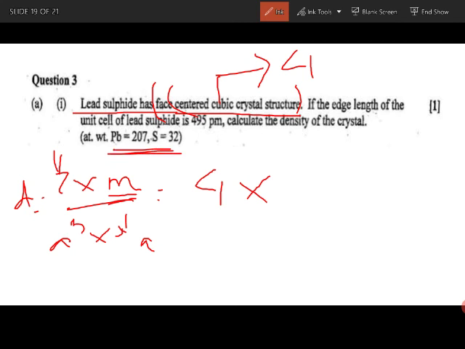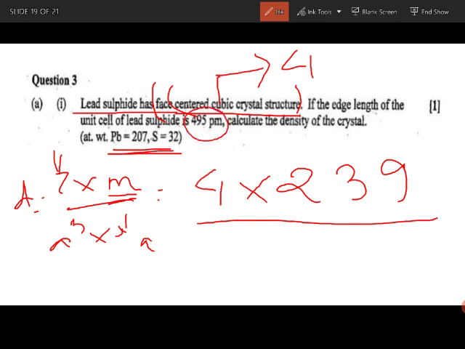So how much are we getting if we are adding this? You will be getting it as 239, divided by A cube. Now if you see here, A is given in pm. Now we have to convert this picometer into centimeter.